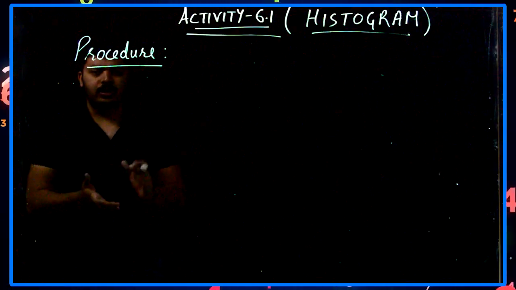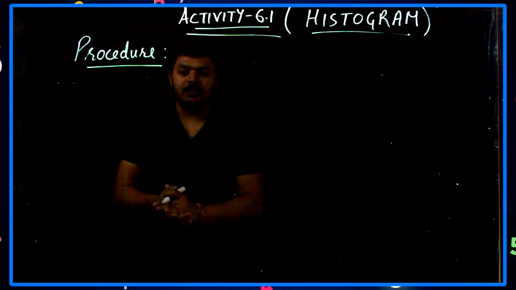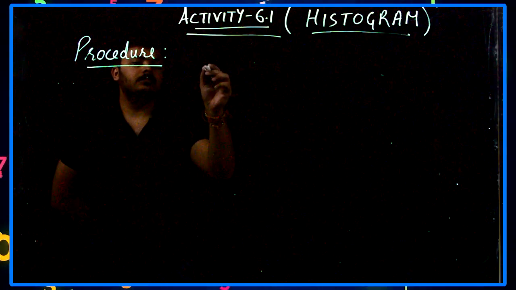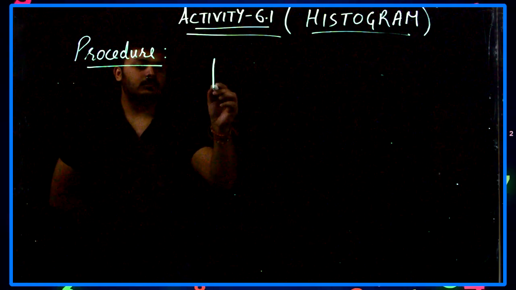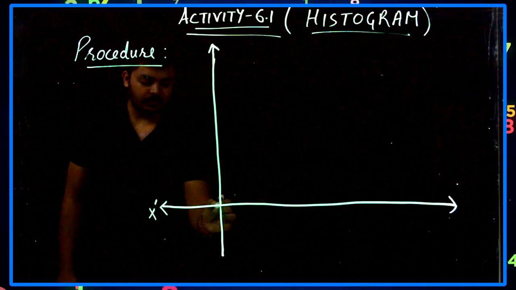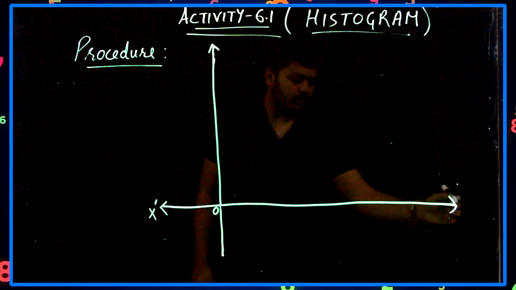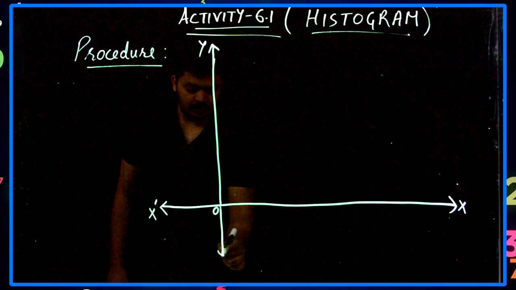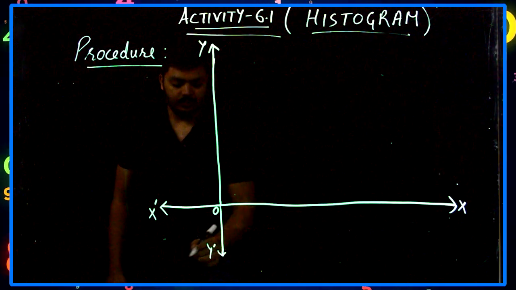So students, now we'll draw the histogram for the given frequency distribution table. So let's start. This is X' and the point of intersection is O, and X. This is Y and this is Y'.